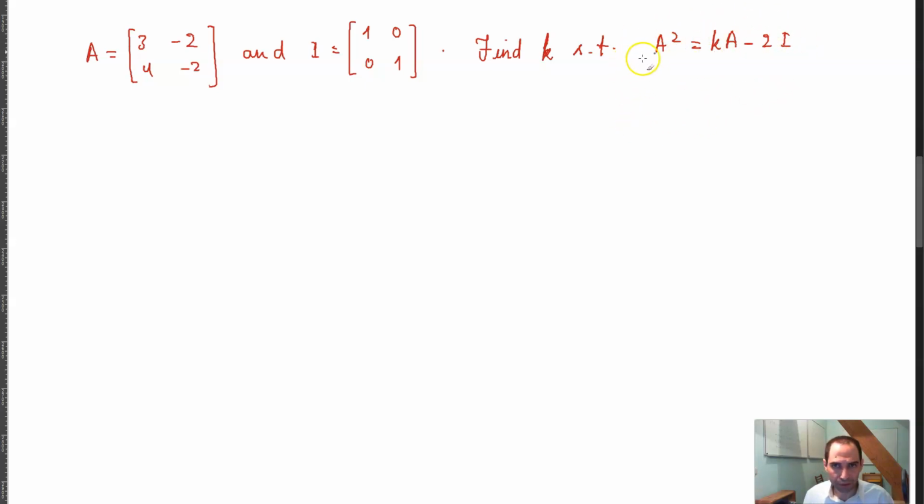So you can write this equation as it is, and then substitute all of these values, and you will be able to find the value of K, because you can actually multiply K by the elements of A.